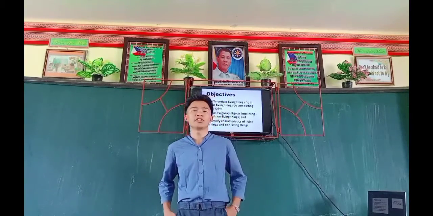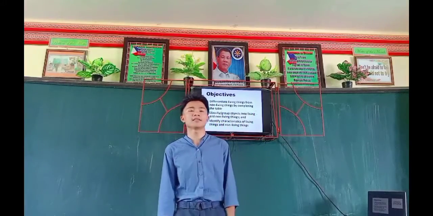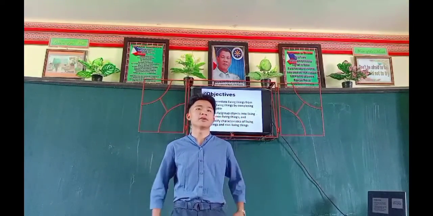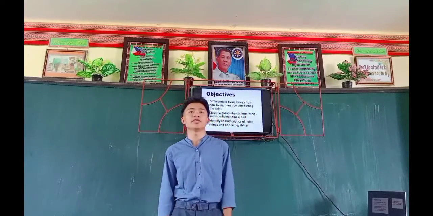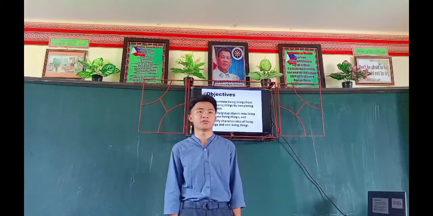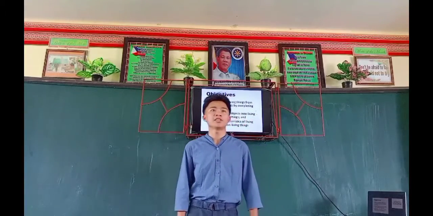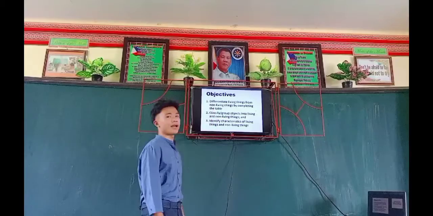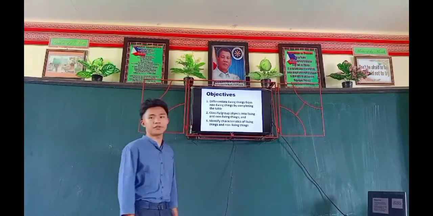Before we proceed to our new lesson, who can still recall our last lesson, last meeting? Okay, very good. Our last lesson is all about inheritance and variation. So, for us today, our objectives for our new lessons are: number 1, differentiate living things from non-living things by completing the table.